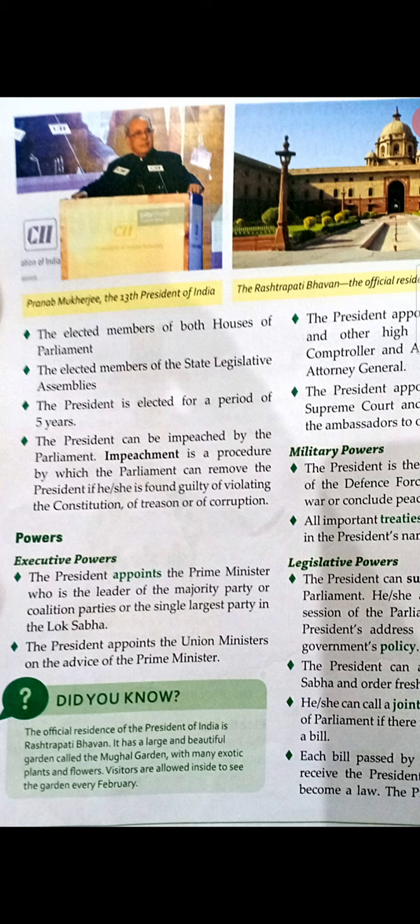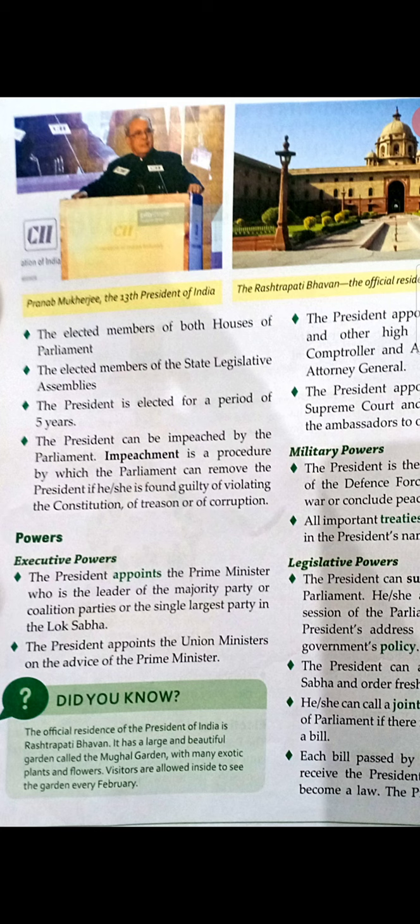Now here, first of all, the majority party is the party which has gained the majority vote of the citizens of India. Coalition parties are formed when several parties all together give support to a major party.